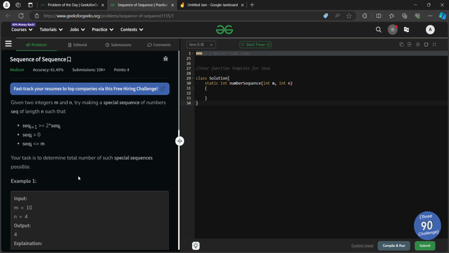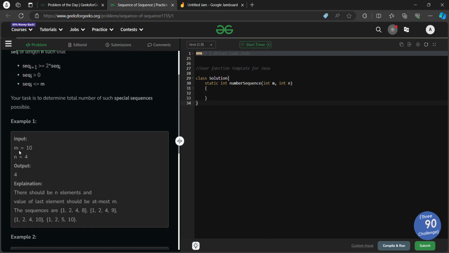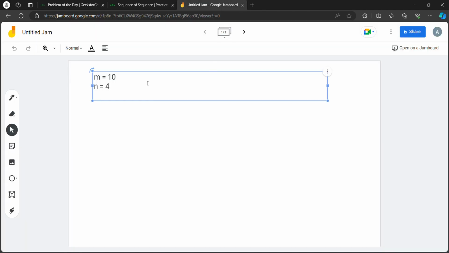In the given example, when m equals 10 and n equals 4, our output will be 4. Let's first understand this problem with this example, and try making the total possible cases.